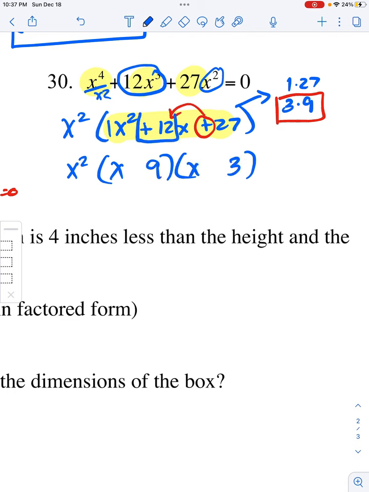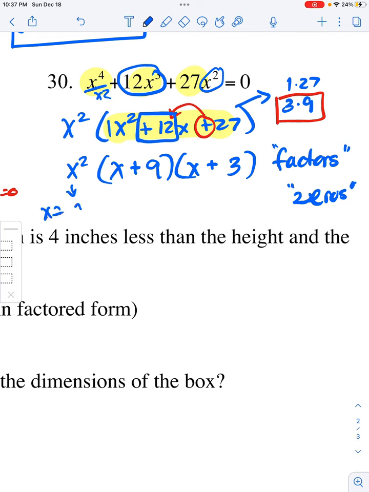And then now I look and go, okay, how will I get a positive 12? And that'll only happen if they're both positive. So these are my factors. Well, what if it wants me to find my solutions or my zeros? Which it does. So I look and see what would make x squared be 0. Well, only if it was 0 squared.